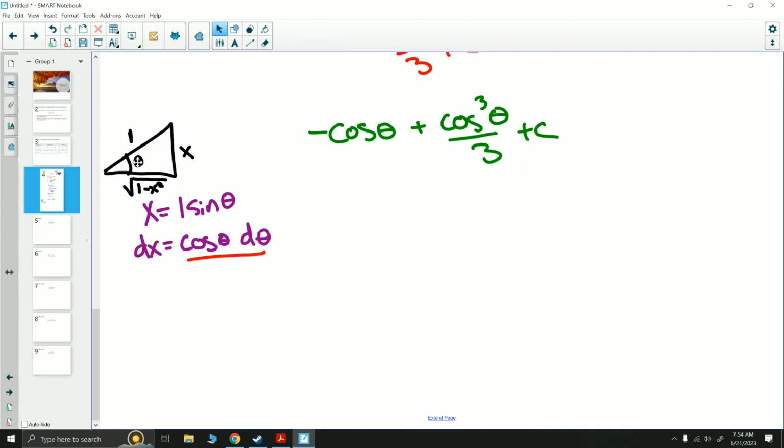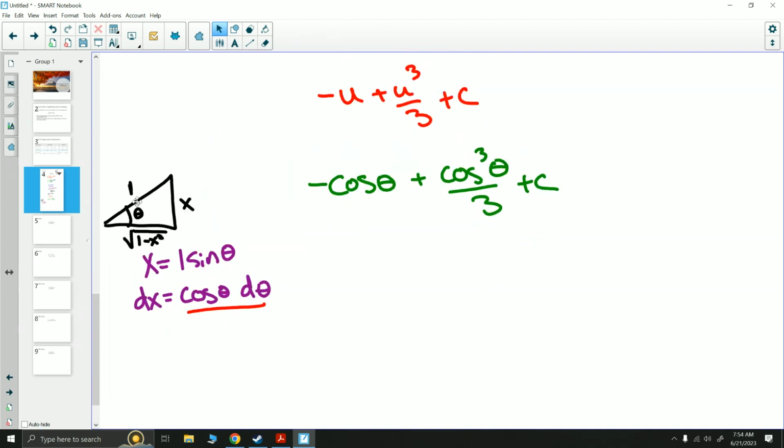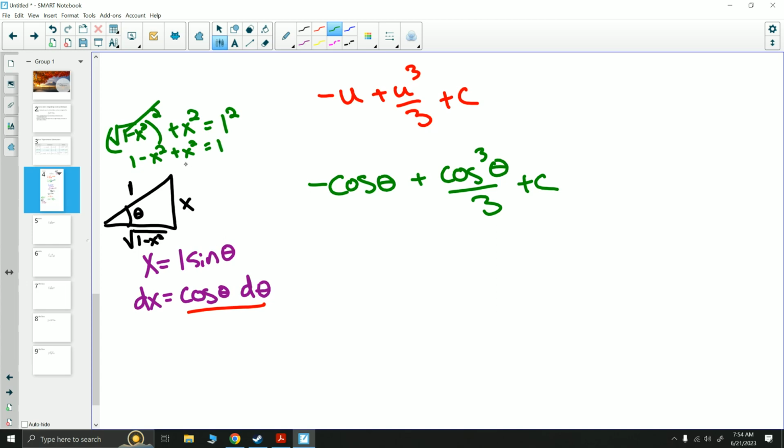So if theta is this angle here, then sine of theta is x over hypotenuse, x over 1. And using the Pythagorean theorem, we see that this thing here, I mentioned it, but let me just show it. If we have this thing squared plus x squared, this should be 1 squared. So 1 minus x squared plus x squared equals 1. That's true. So this is the Pythagorean theorem here.